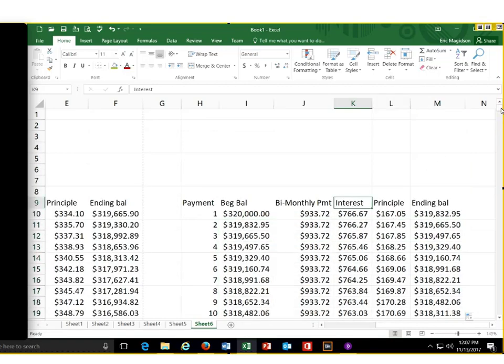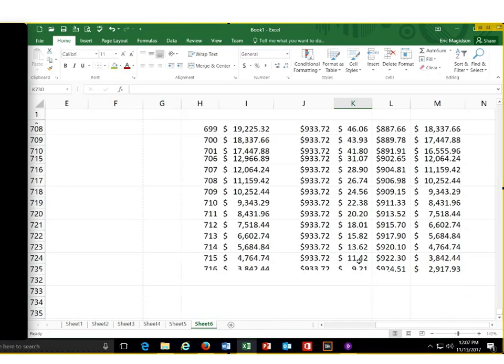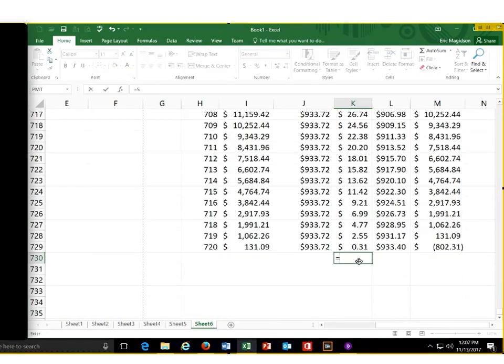This was our interest, right? K is our interest. So now what we'll do is we'll go add up our interest. Equals the sum. Remember I told you there was a better way to do it? Can you imagine having to do this formula? Equals K729 plus 728 plus 727. Would you want to do that formula? No. Okay.